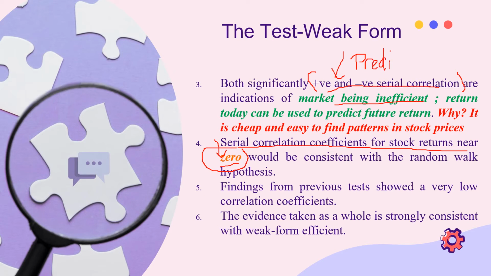So this one we can predict. Positive and negative serial correlation kita boleh predict. Kenapa? Sebab kita tahu, okay, kemarin harga jatuh, hari ni naik, esok jatuh. So itu adalah untuk negative serial correlation.